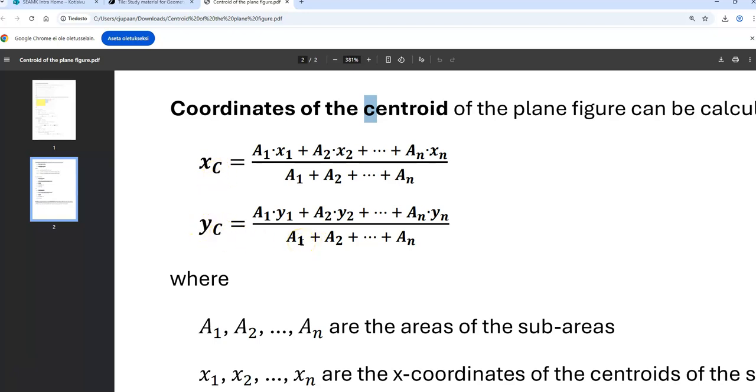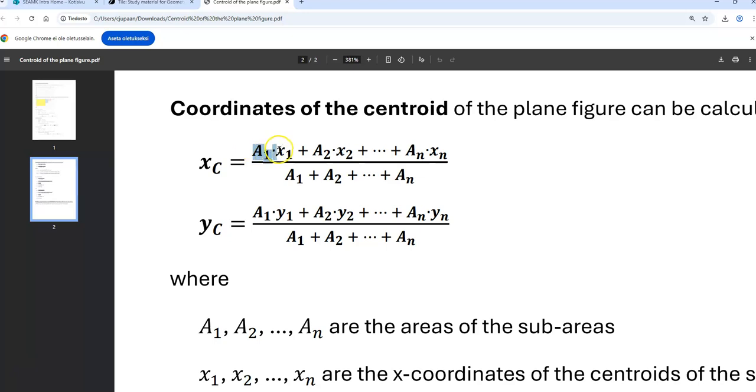Actually, I don't know why I do that, but maybe it's logical that it is 0, because here you get 1, 2, etc. And maybe it's logical to have x0 on the left hand side of this formula. But xc means the x-coordinate of the centroid or center point of the whole figure.